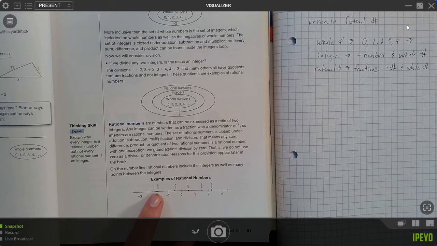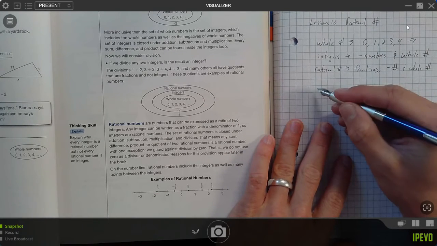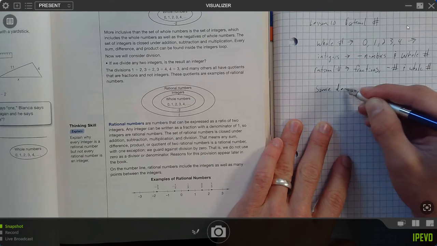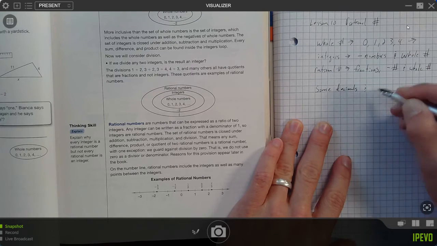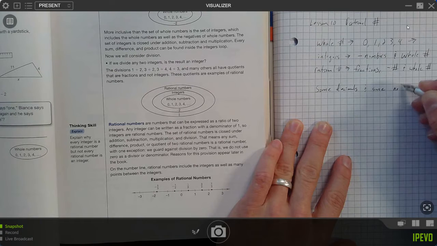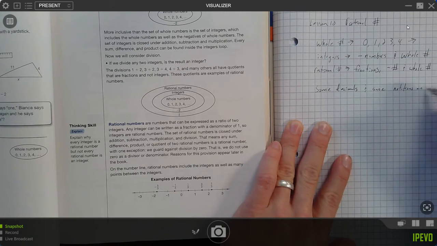If I try to solve it, if I try to turn it into a decimal, I am going to get a repeating decimal, okay? Point 6666666666666 going on forever, okay? That, the 0.6 repeating, that is actually an irrational number, okay? So some decimals and some notations are irrational.